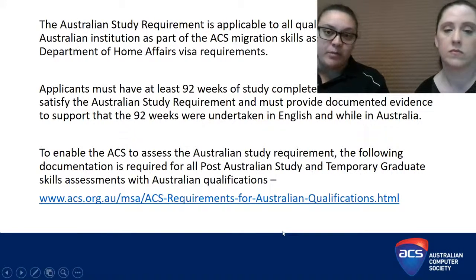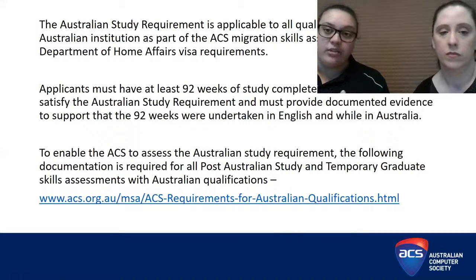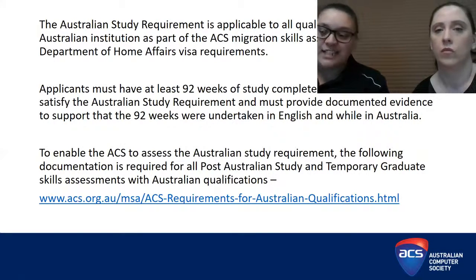So that's probably one of the most important things, because that's what a lot of people fail on: the course that they do is not long enough, because they assume it's registered for 108 weeks, but then they've got credits from another course. So this is very important, this part of passing the post-Australian study application type.